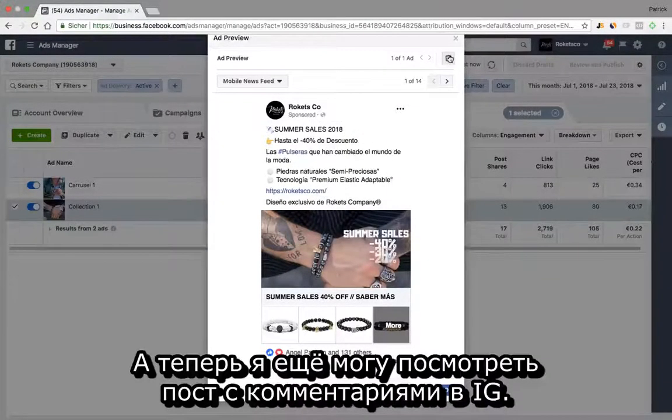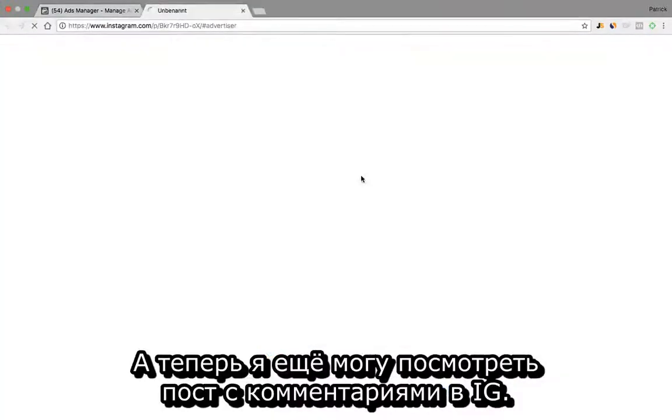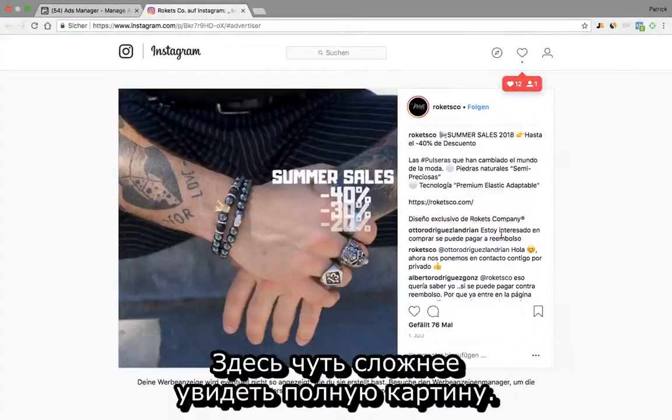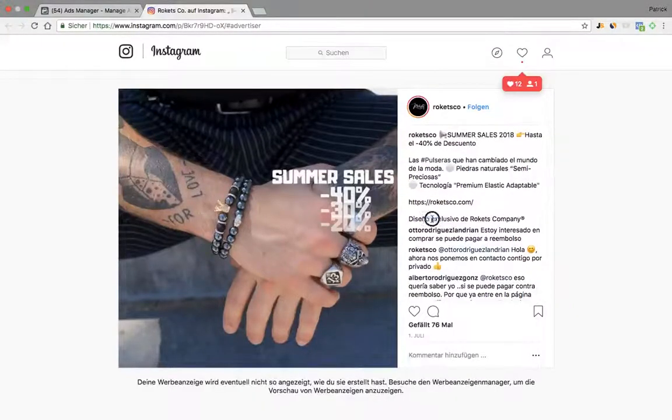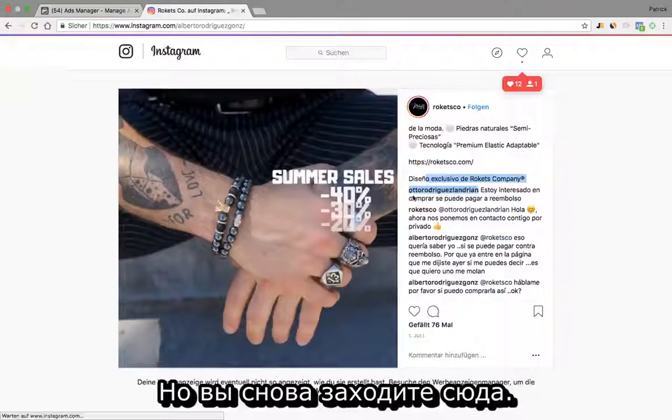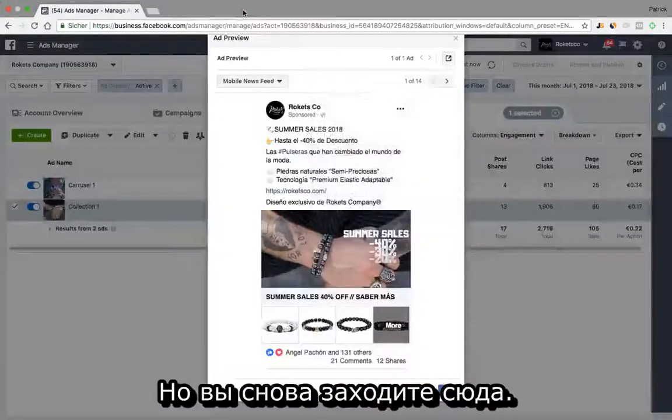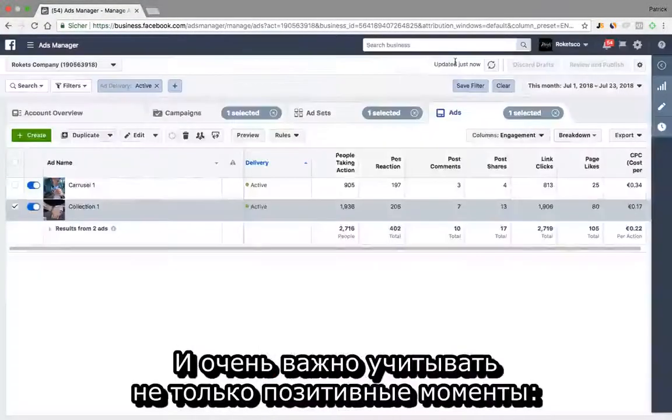And then of course I can also see the Instagram post with comments. Here it's a little bit more difficult to actually see everything, but you can also do it here, and that's of course very important.